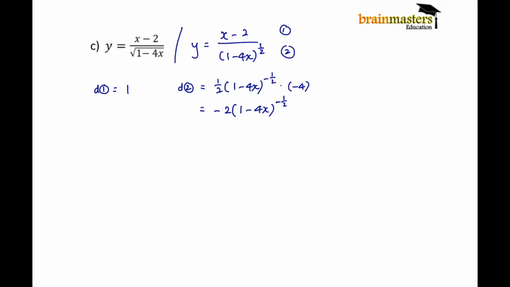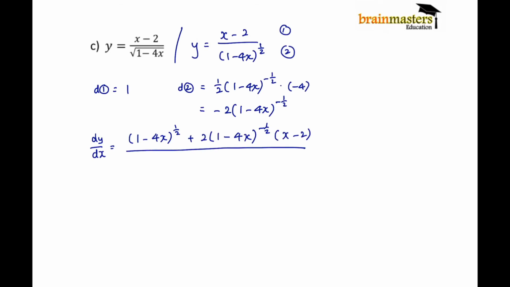So let's go work out my dy over dx. Differentiate the first, which is a 1, multiply to the second, 1 minus 4x to the half, the 1 I omit, I'm not going to write it out, minus differentiate the second, which will give me a 2, because negative and negative give me a positive, negative half, multiply to the first, which is my x minus 2, over bottom squared.